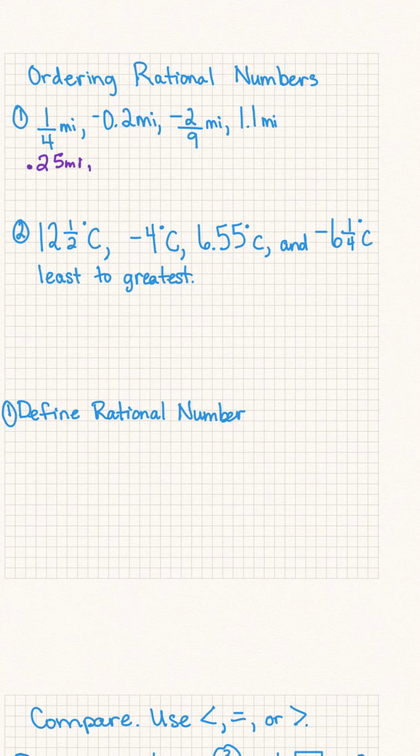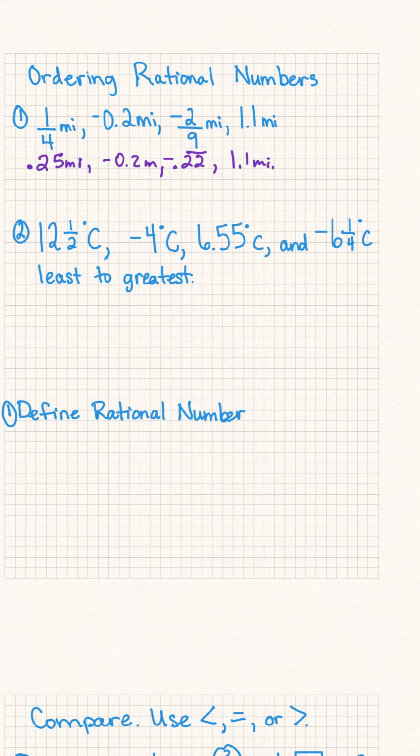So then this one's a negative 0.2 miles. Then we have negative 0.2, and it's a repeating decimal, so we'll put a line over the top. And then we have 1.1 miles.